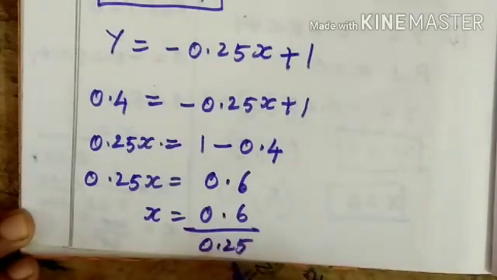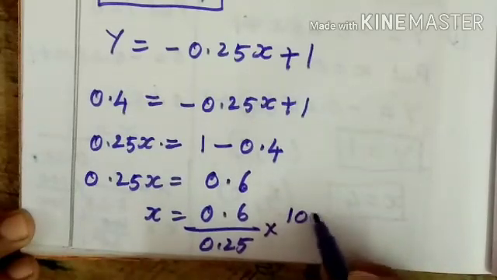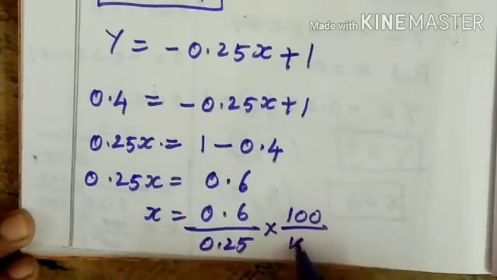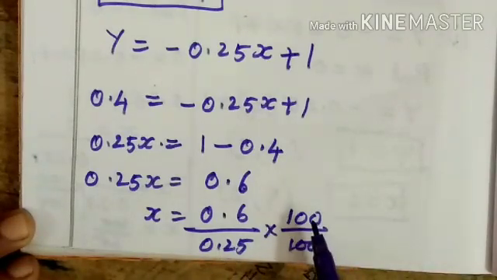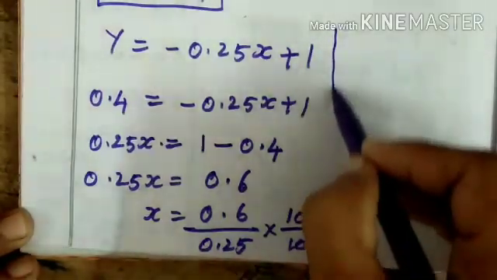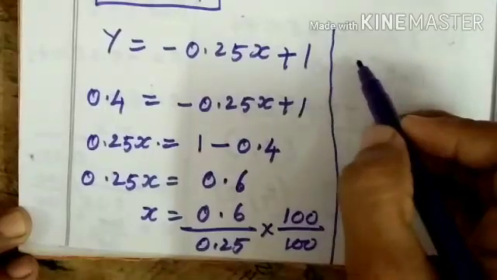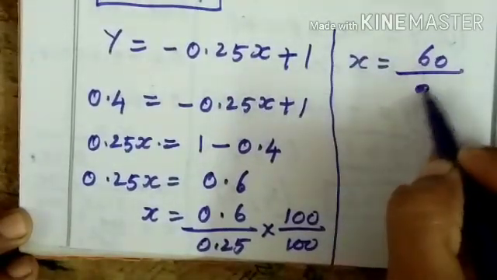For removing the decimal, you have to multiply both numerator and denominator by 100, because here 2 decimal places is the highest number of decimals. Then we get x is equal to 60 by 25.